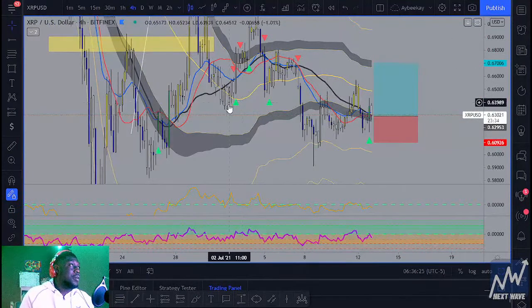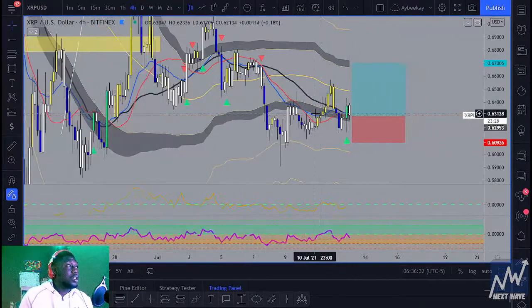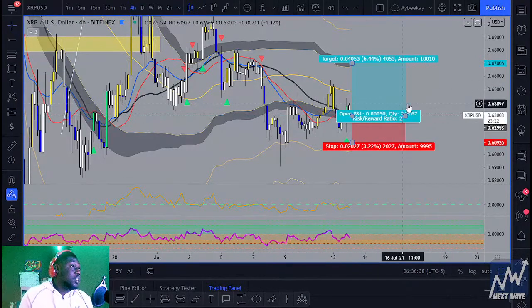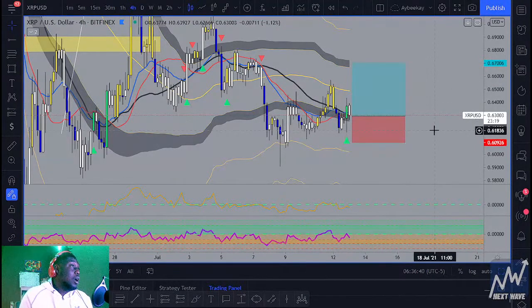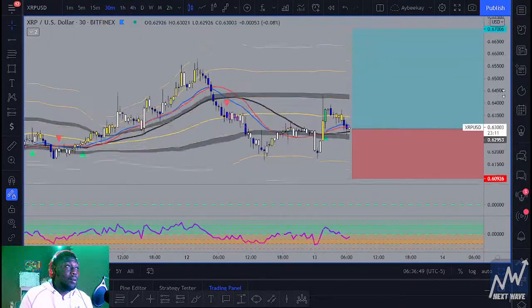Although the 4-hour time frame has not been consistent with these calls, as you guys can see here, it's very much not been consistent at all. So that's another thing that you gotta watch for. And I don't like that current price action. So this is a possibility. Honestly speaking, I'm not crazy over it, man.